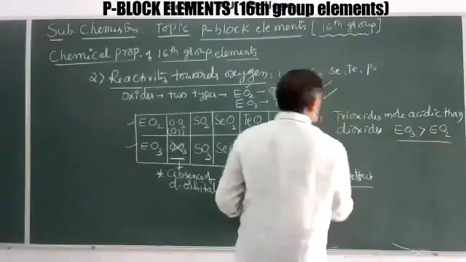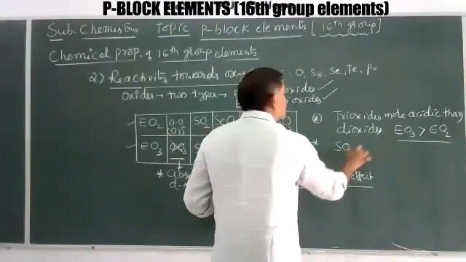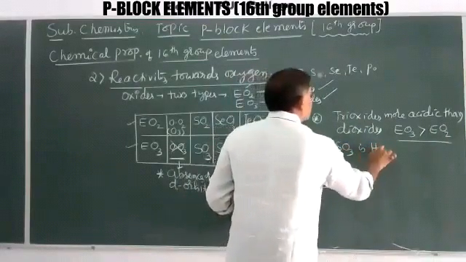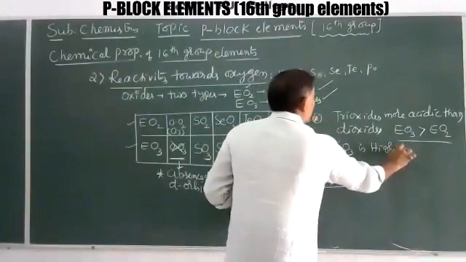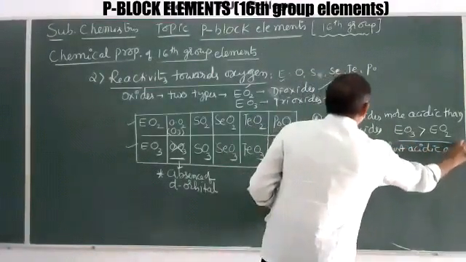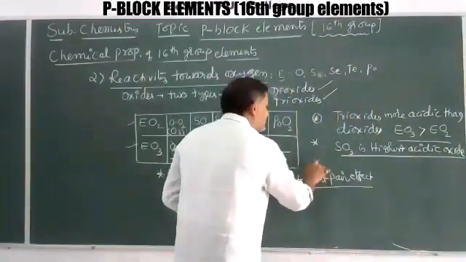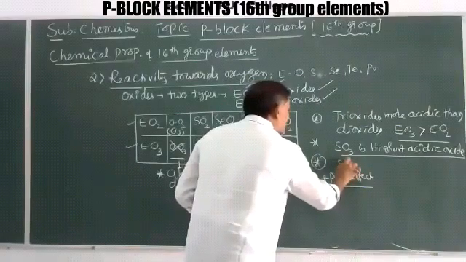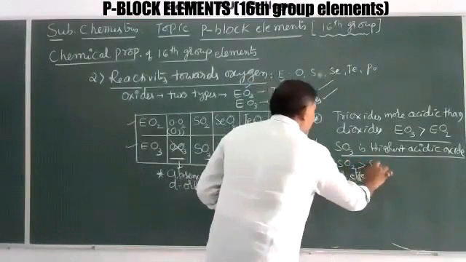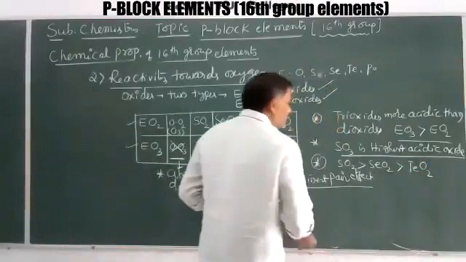Very, very important. On this basis, SO3 is the most acidic oxide among the 16th group elements. The acidic strength of dioxides is SO2 greater than SeO2 greater than TeO2.